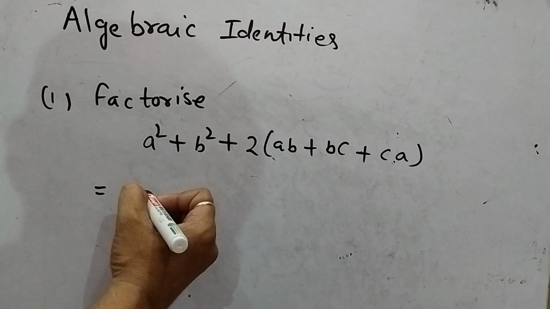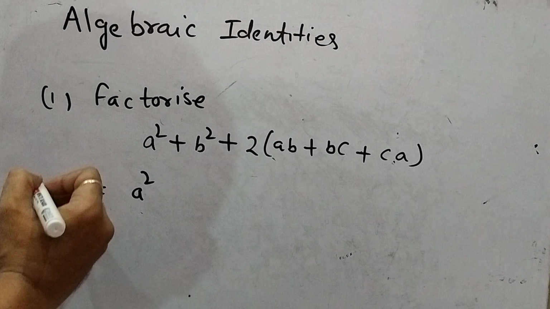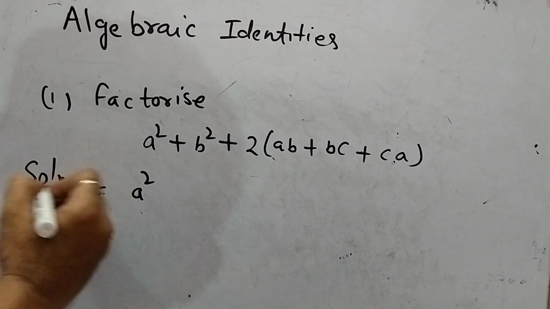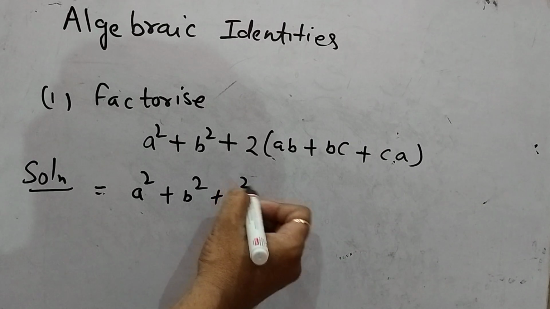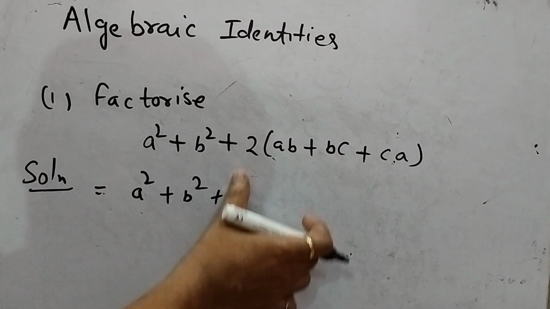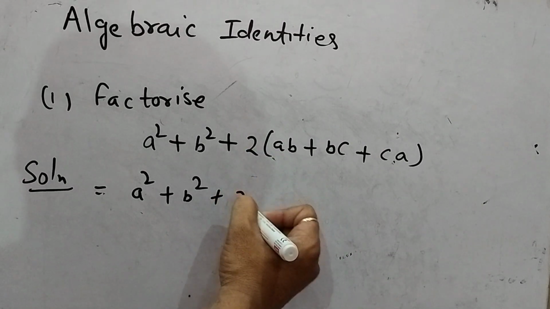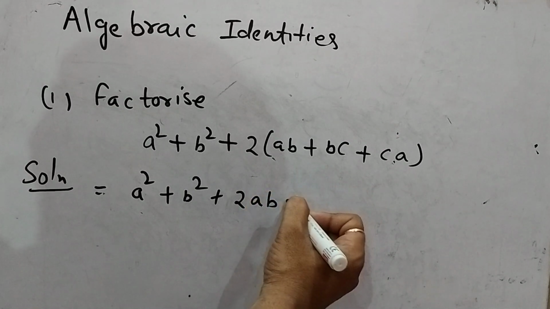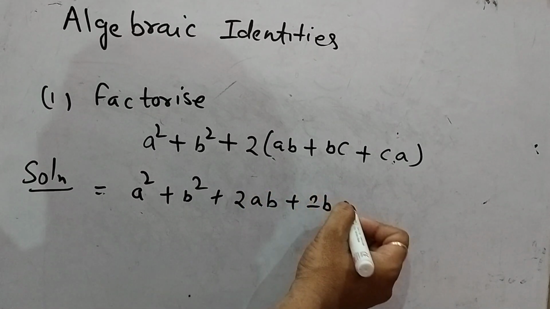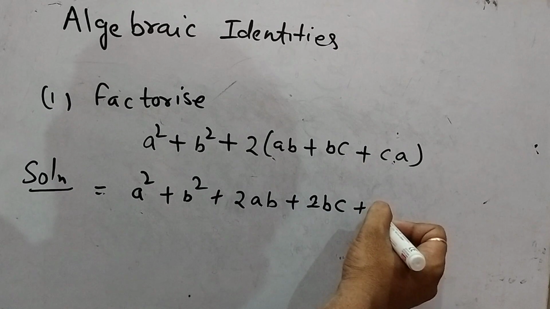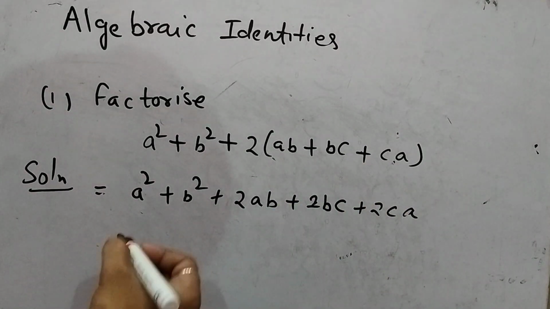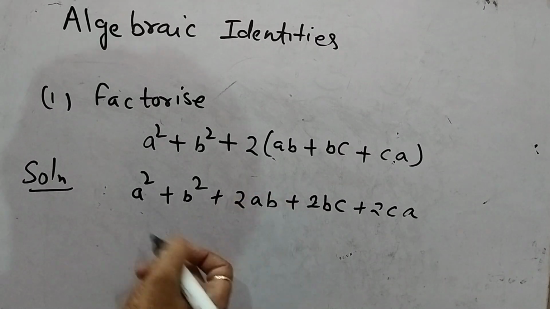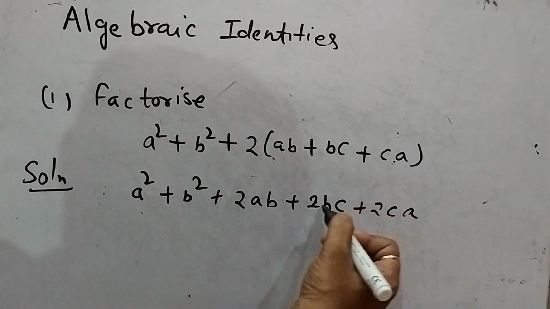If I expand this, we have a² + b², no, I don't have c² here, 2ab + 2bc + 2ca. So what we see here is that we have something missing.